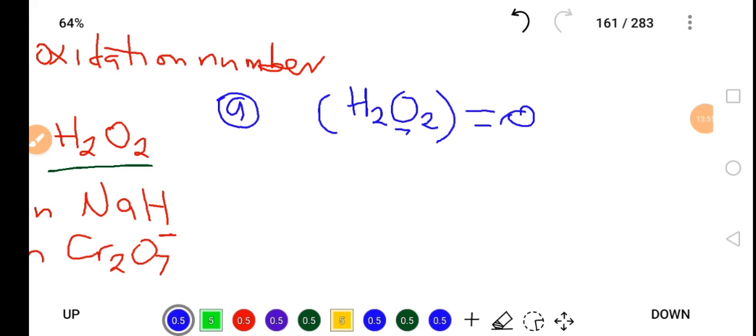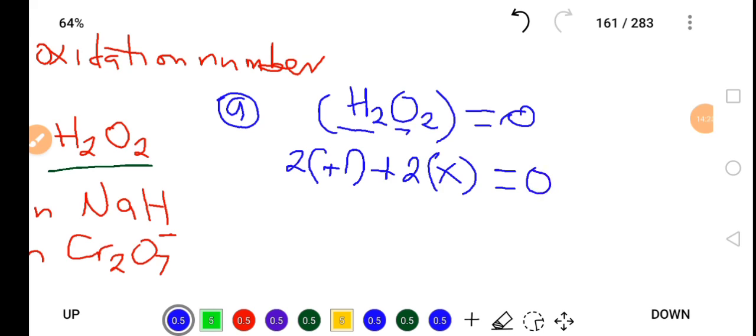Okay, we have 2 atoms of hydrogen, and the oxidation number of hydrogen is +1, then we say plus two atoms, the oxidation number is not known, so we'll put x for oxygen, equals 0.